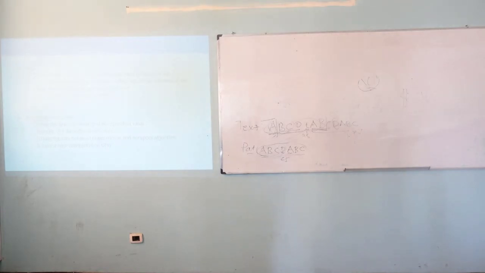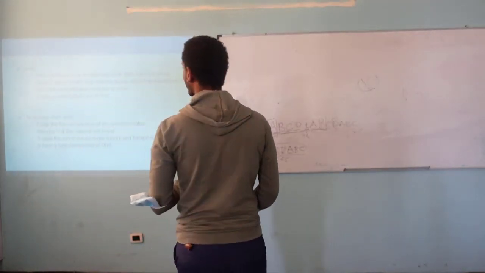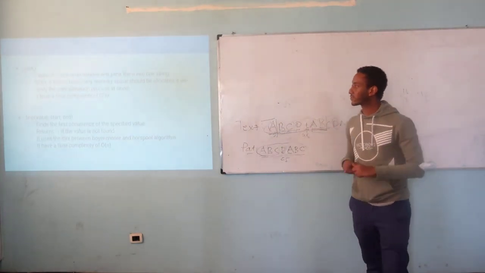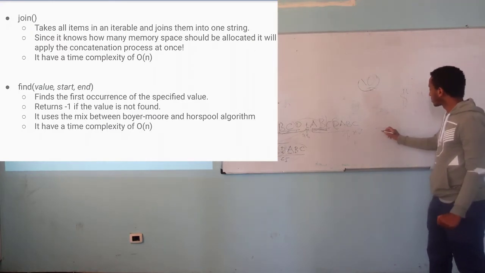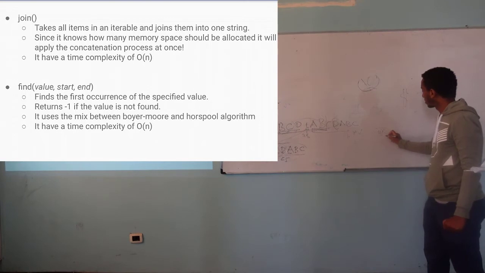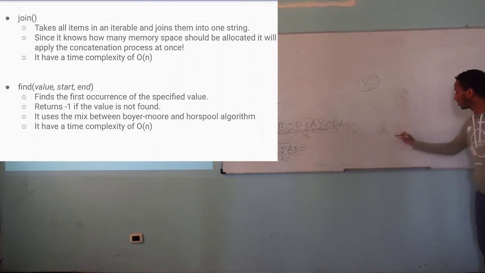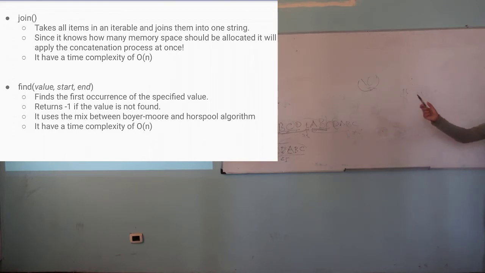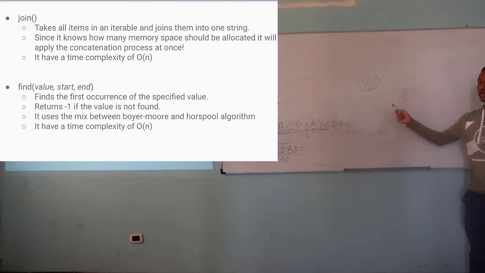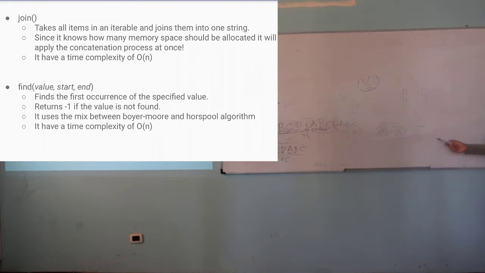So the join operator works in O(n) time, even if we give it a lot of strings. n being, when we have strings of length 1, 2 and 3, it would be the sum of these three, because since it knows how much memory it will need, it allocates it in RAM and just does a character copy before creating the string and returning it.